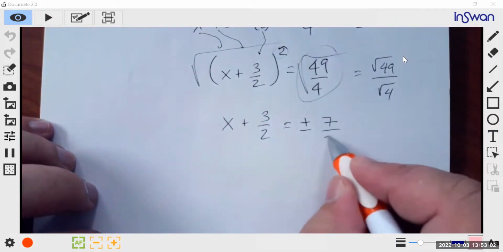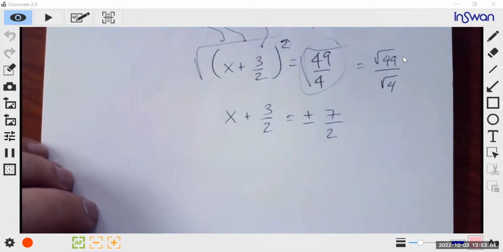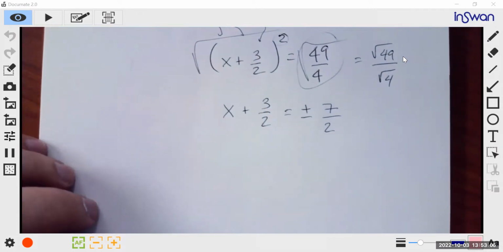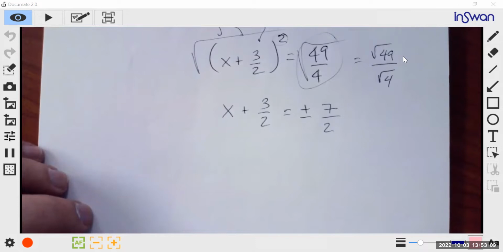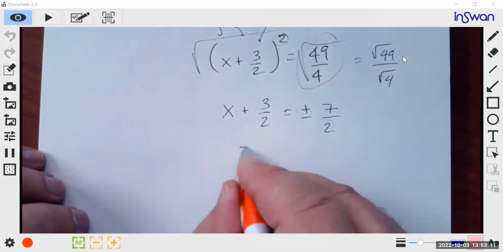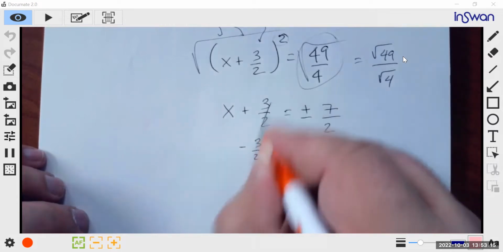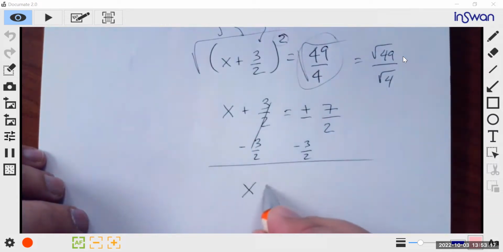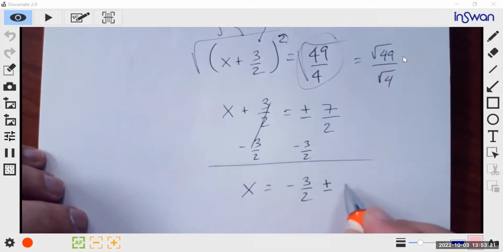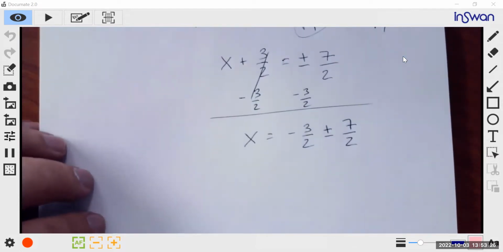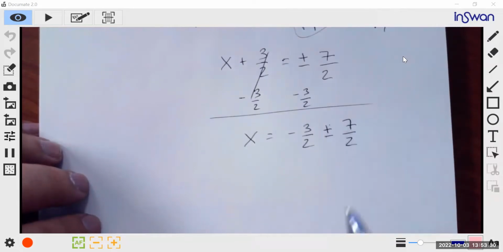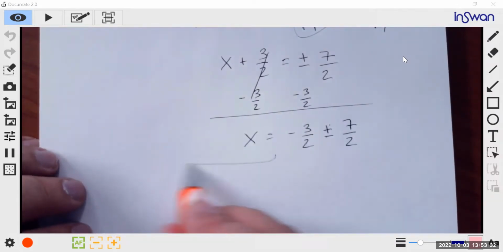Square root of 4? Subtract 3 over 2 from both sides. So -3 plus or minus 7 over 2.